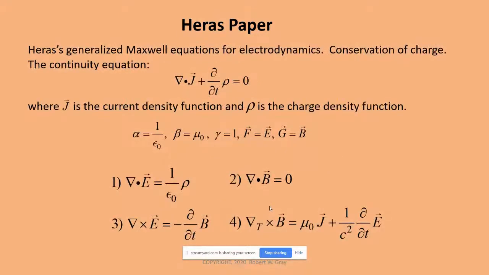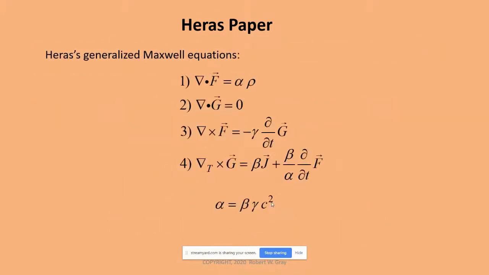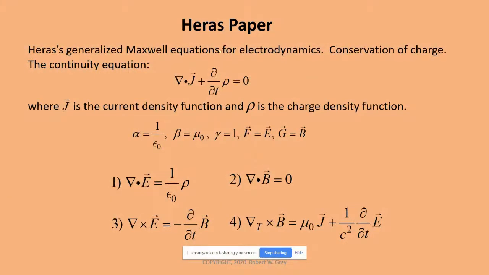So in particular, was the magnetic field in there anywhere? We didn't see any B's or H's. Right, because this is generalized. This could be for hydrodynamics. This could be for gravity. This could be, yes, for electrodynamics. And in electrodynamics, this equation is the continuity equation.